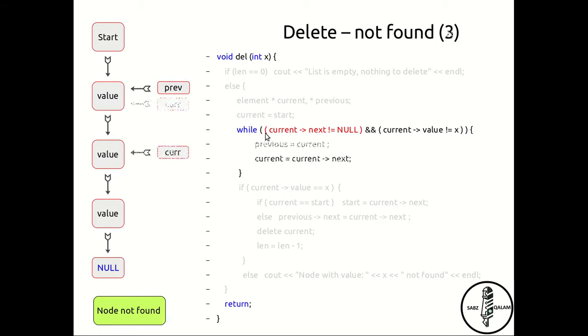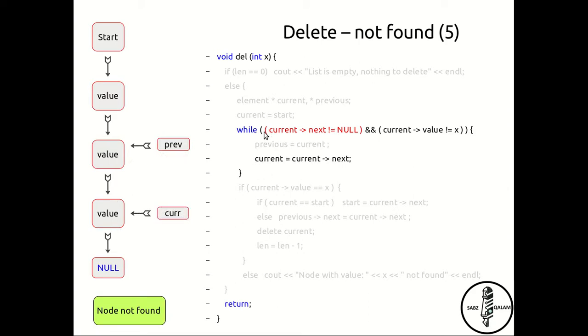Then you update current, so it points to the next location. So current has been assigned as current next. Now you check the condition, well, current's next is not equal to null, so previous is now the same as current, and then current is updated so it points to the next location.